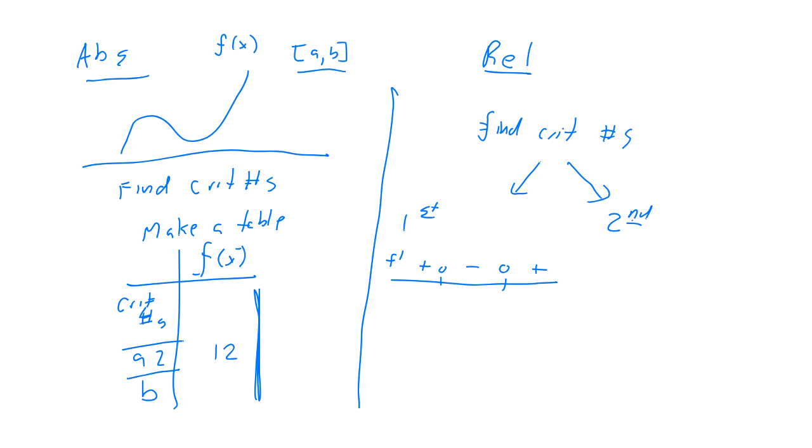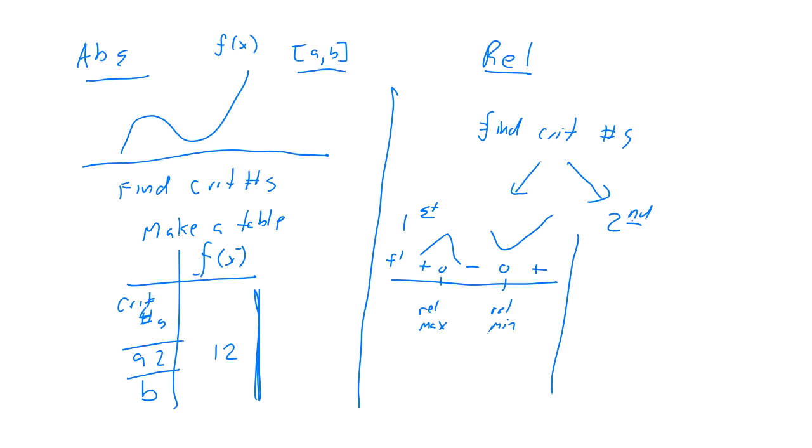If that were the case, at this point, since the derivative is changing from positive to negative, that means that the function is increasing and then decreasing, which means that the critical number would be a relative max. It'd be the location of a relative max. On the other hand, if the first derivative changes from negative to positive, then that means that the function is decreasing and then increasing, which means that you'd be at a relative min.